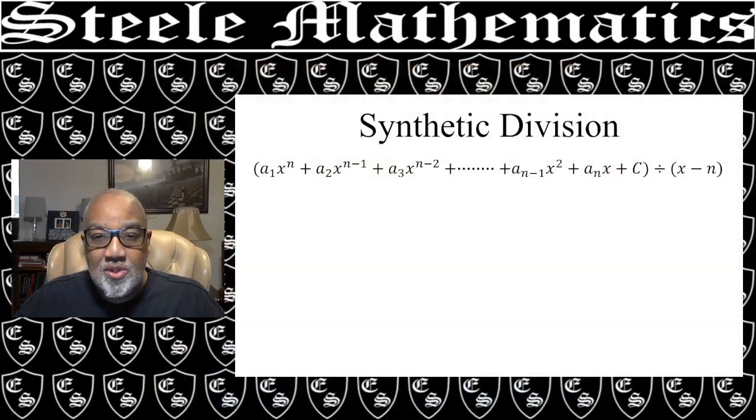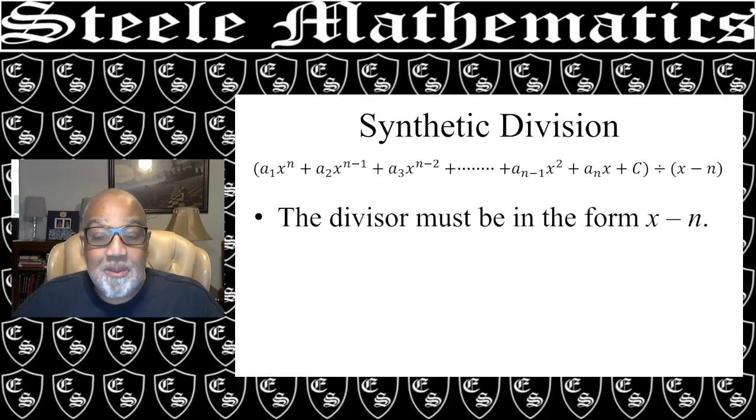Now, synthetic division, what are actually the requirements? First, the divisor must be in the form x minus n. The divisor must be a binomial, where the leading coefficient is 1.